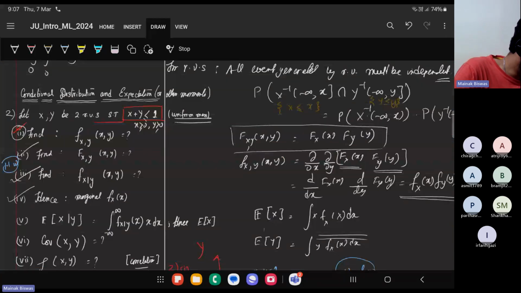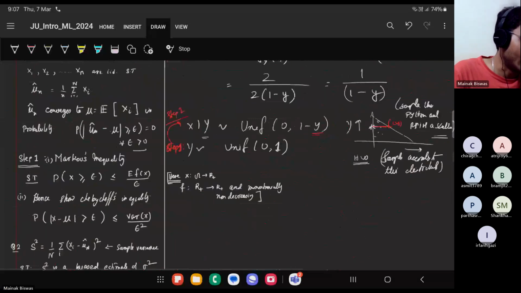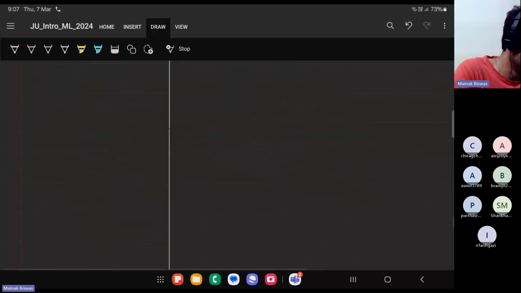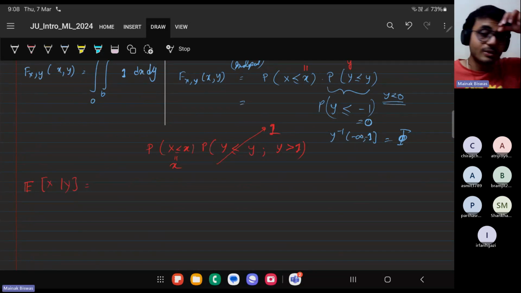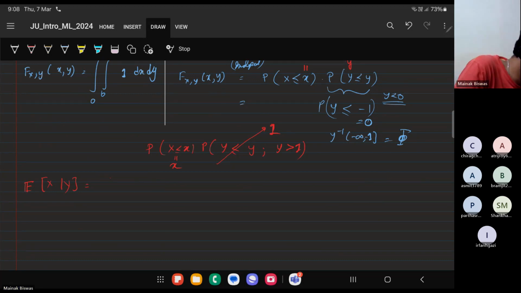Good. Now I am told to find the expected value. What would be the expected value? Again, by definition, we can use the definition directly. Let us do it at the end, otherwise I'm taking up space for other questions. Expected value of x given y. What will this be? Again, by definition, by LOTUS, what will you get?